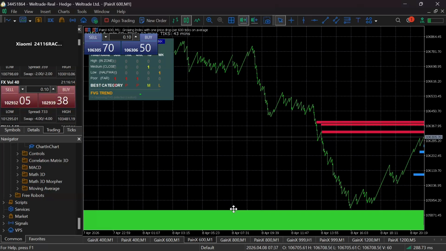The reason we check whether the signal is in a fair value gap is to avoid trading against the trend. We all know, for example, in crash 1000 or boom 1000 or crash 900, the market may be trading in a specific direction strongly.